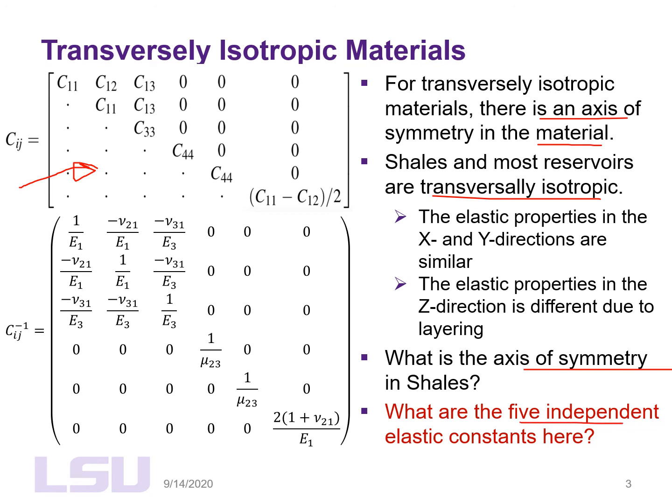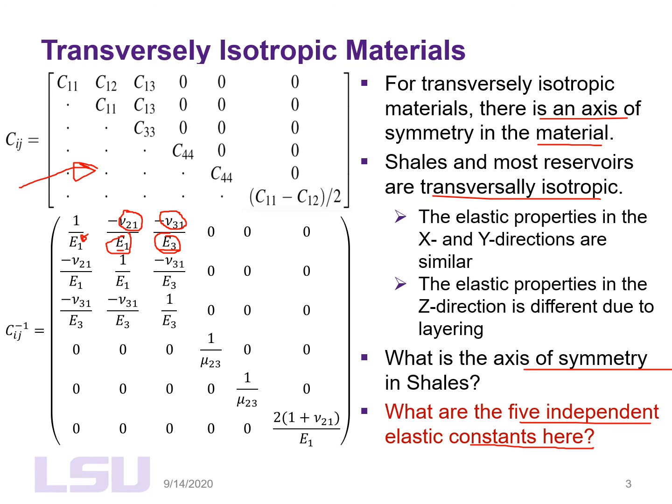What are the 5 independent elastic constants here? Well, it's Young modulus in the x direction. You see it's the same parameter here. Then in the y direction, that's the second one. So 1, 2, 3, Poisson ratio in this direction, Poisson ratio in this direction, 4. All right, which other one is new?